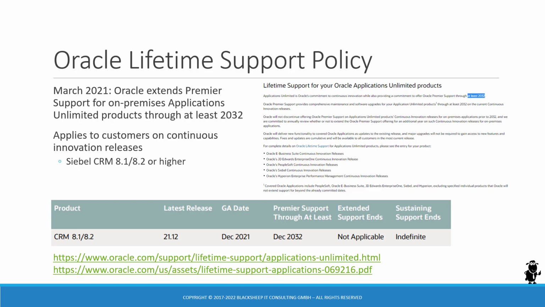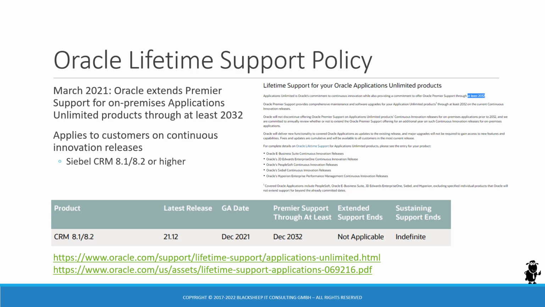Oracle Applications Unlimited is an umbrella for the on-premises legacy products that include Oracle eBusiness Suite, JD Edwards, PeopleSoft, Hyperion, and of course Siebel CRM. So as of the time of this recording, the currently available Premier support end time that Oracle announces on this webpage is December 2032.